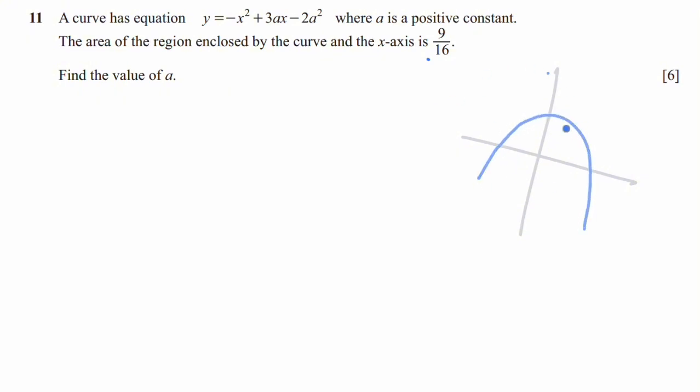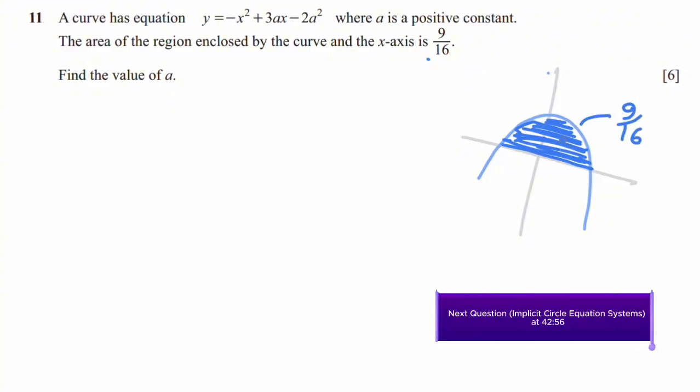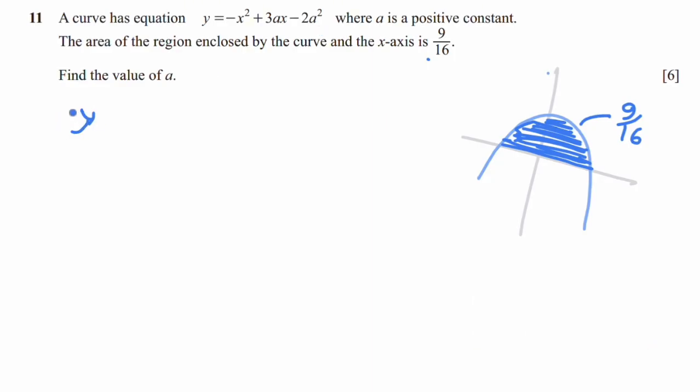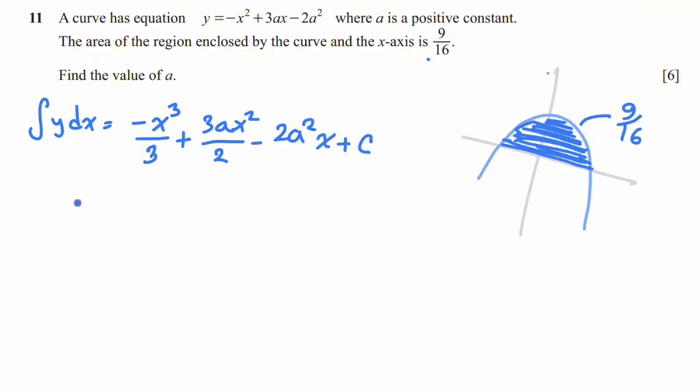It says that the area that the graph encloses with the x-axis is 9 over 16. So we have to find the value of a. Okay, so let's first integrate this equation, and the area is 9 over 16, so let's equate that.